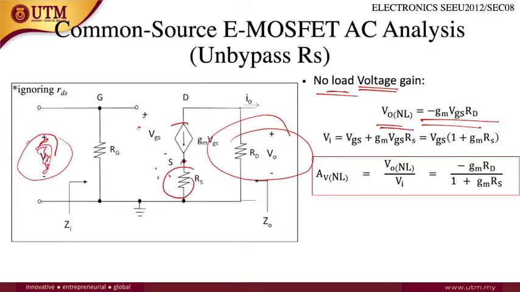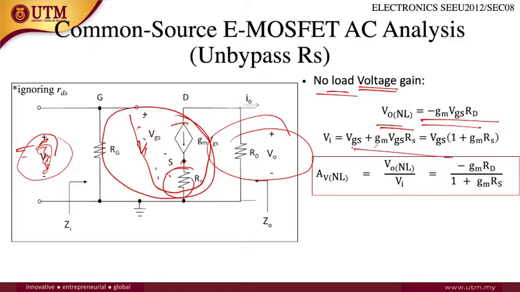Since we assume that there is no external source produced from here, the input voltage is totally from this part, which is VGS plus gm VGS RS.